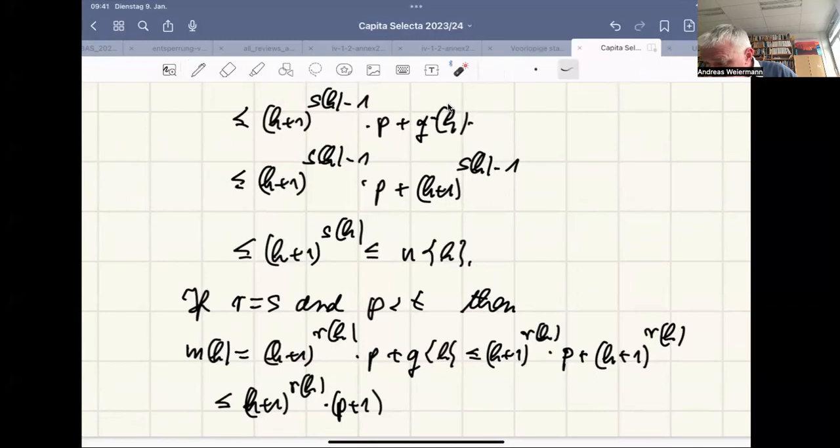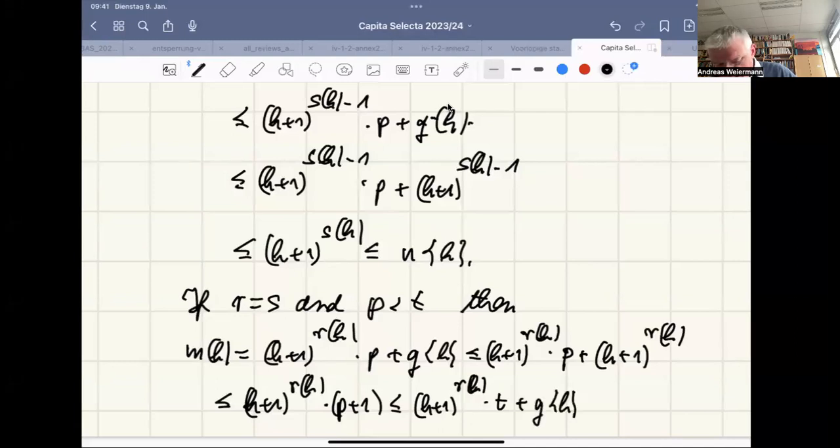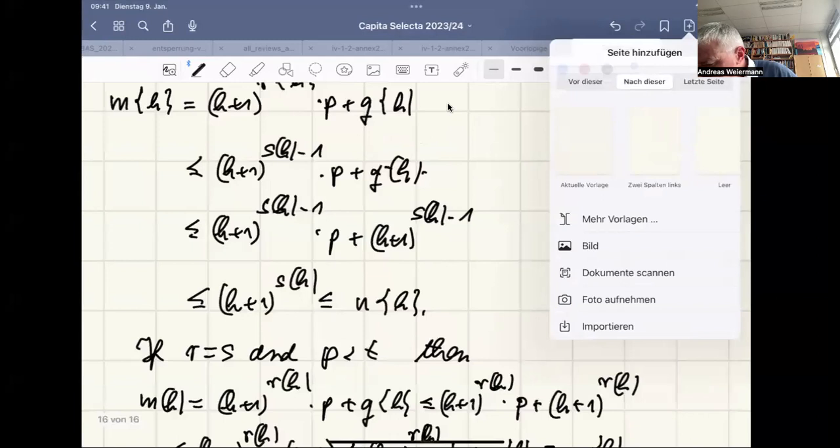But p is smaller than t. So this is bounded by k plus 1 to the r of k times t plus some extra, which does not matter. And this gives n of k. It was easy going.